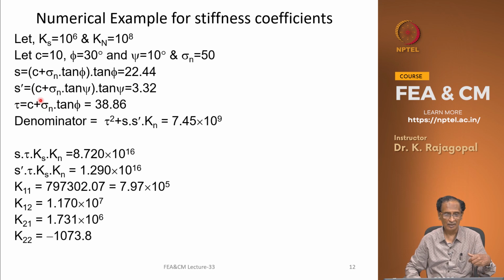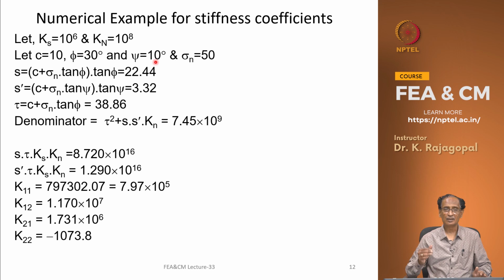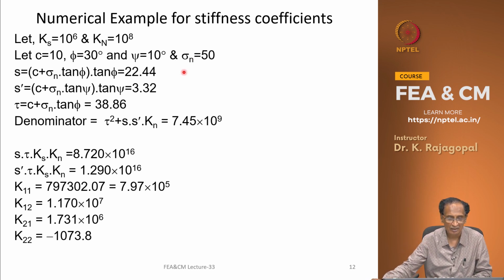Let us look at some numerical values. Let us give some arbitrary values. Ks is 10 to the power of 6, Kn is 10 to the power of 8, C and phi are given like this, and phi is 30 degrees and the dilation angle is 10 degrees. That means that we are dealing with non-associated flow rule, and let sigma n be 50.